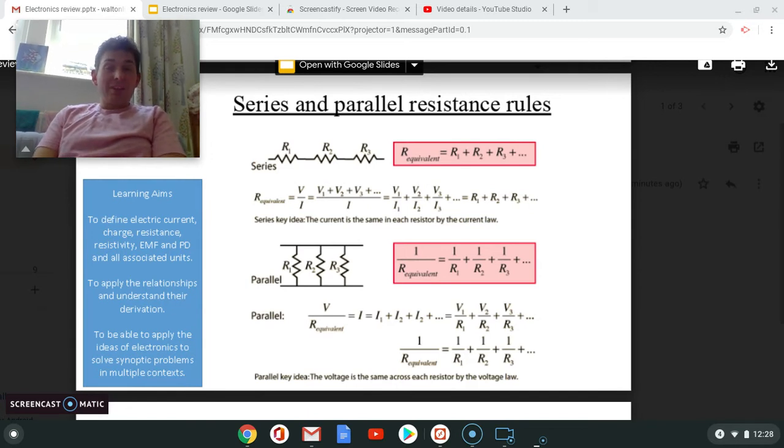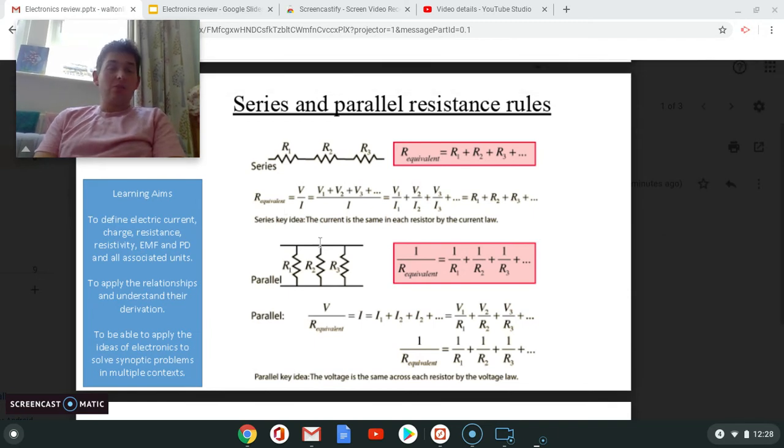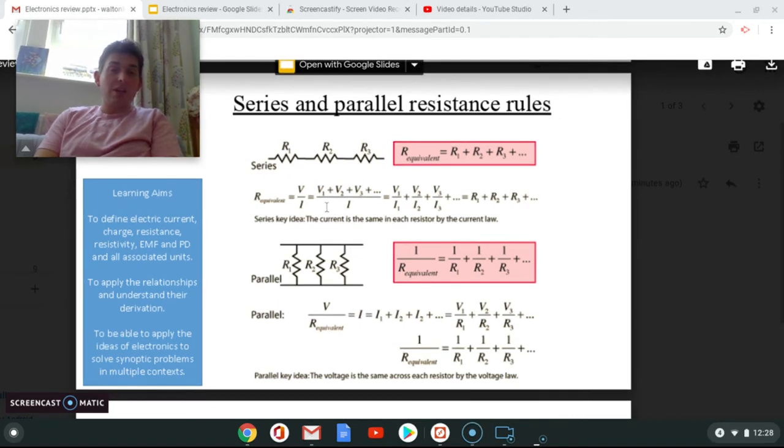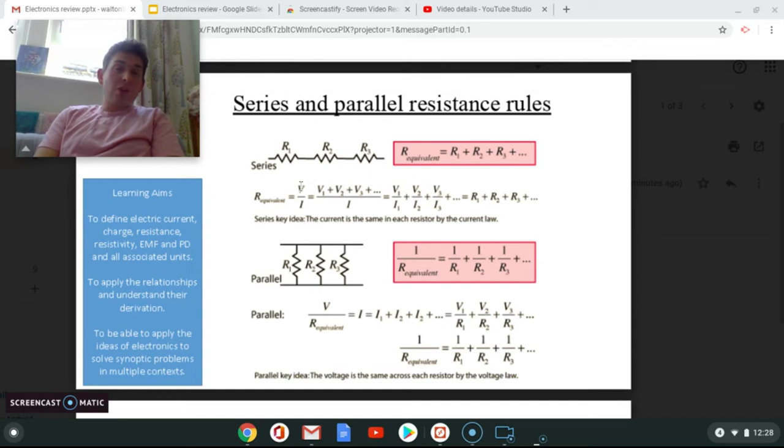Anyway, series and parallel resistance rules. You do need to be able to derive them, as I just said. You need to know why you can derive them like you do. The key idea behind the series is that the current through each resistor will be the same. So if you put V over I, and I is constant, then V would be voltage 1 plus voltage 2 plus voltage 3 plus voltage 4.